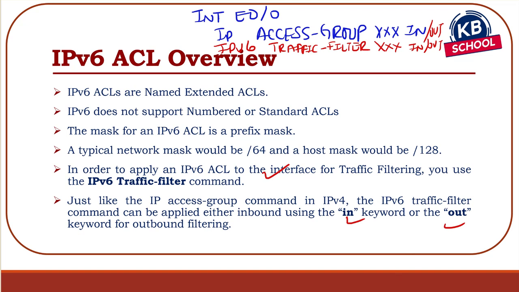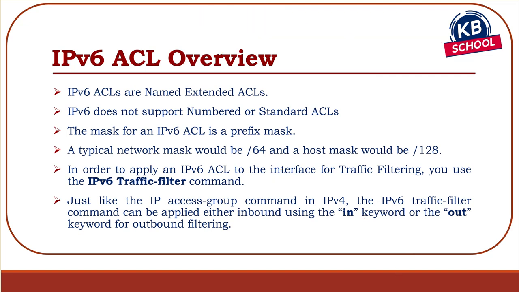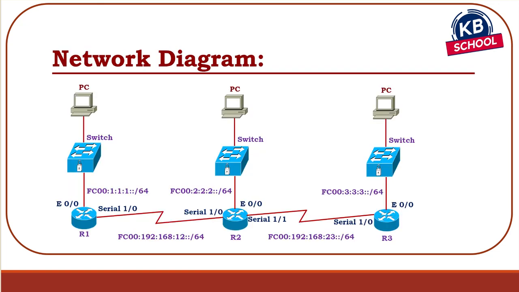Now, what I've done over here is I have set up your network already, based on this diagram that we'll do the examples on. If you take a look at this network, I have FC00:1:1::/64 on the Ethernet segment. The IP address of the PC is FC00:1:1:1::50.